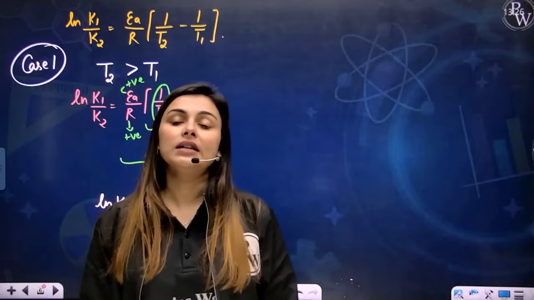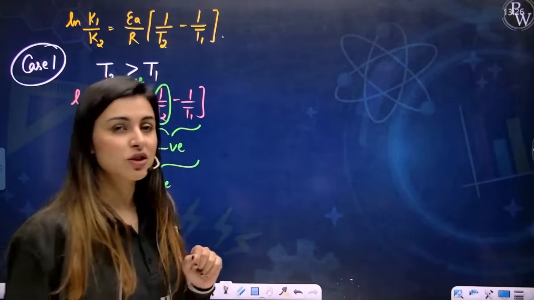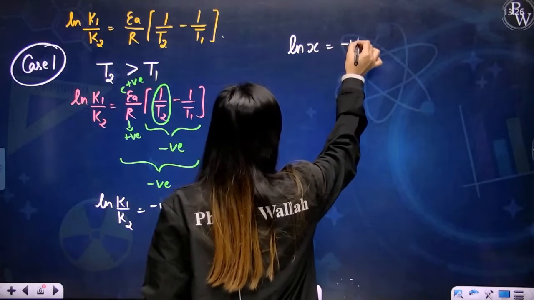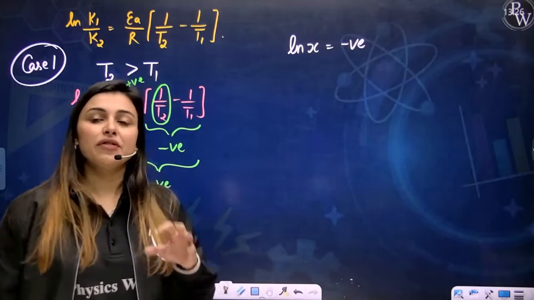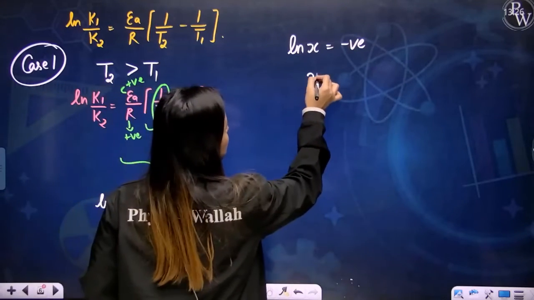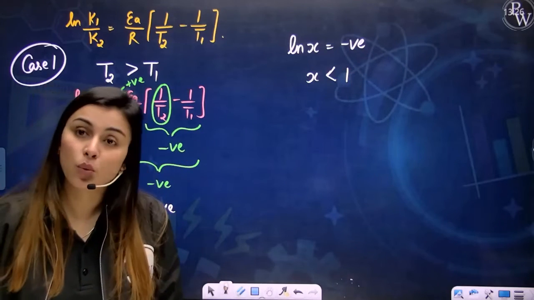Now you need to understand a very important log expression: whenever ln of x is a negative value, that means that x is less than 1.